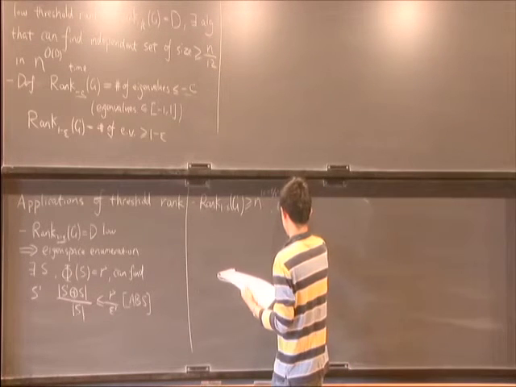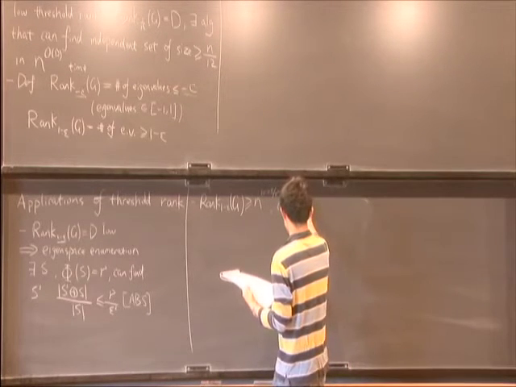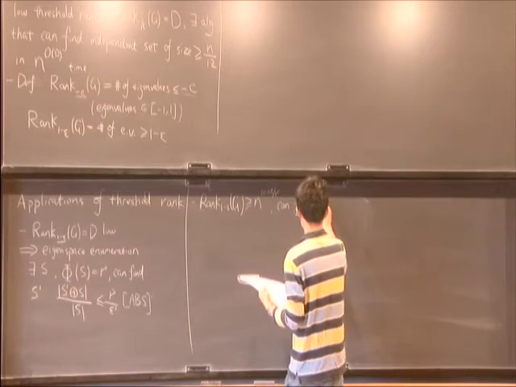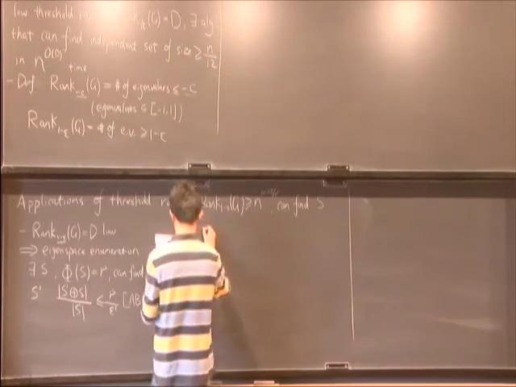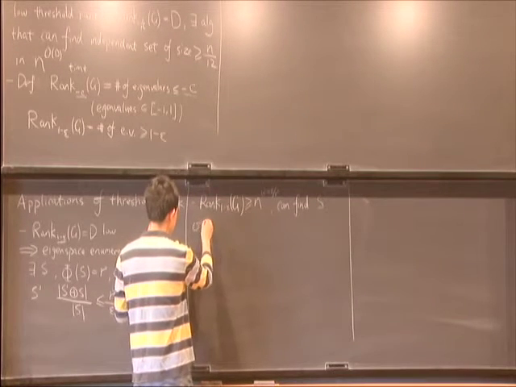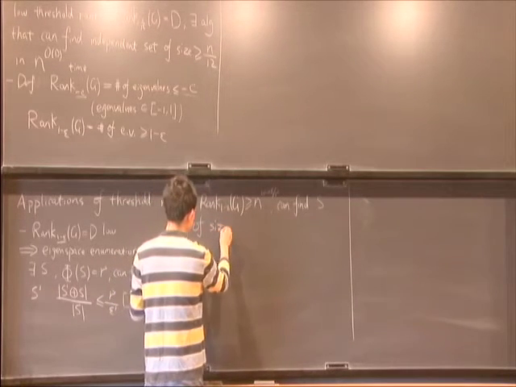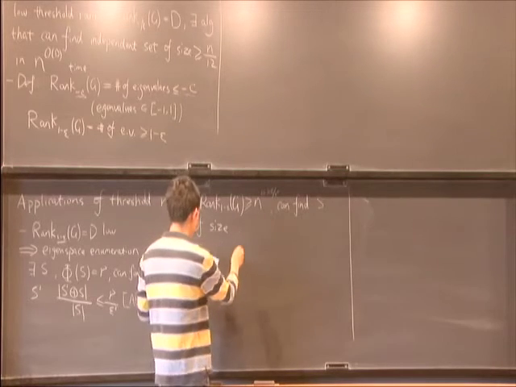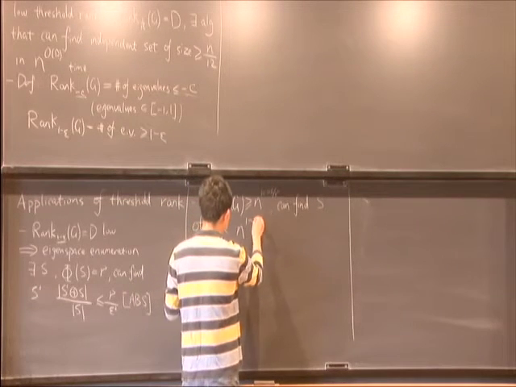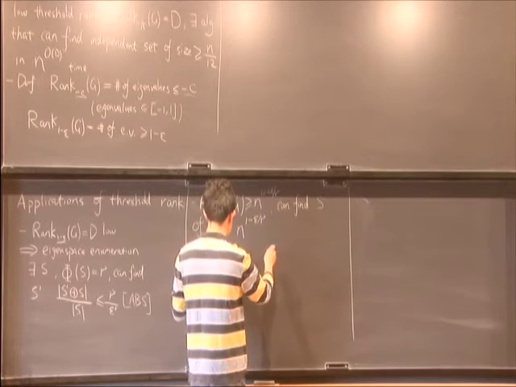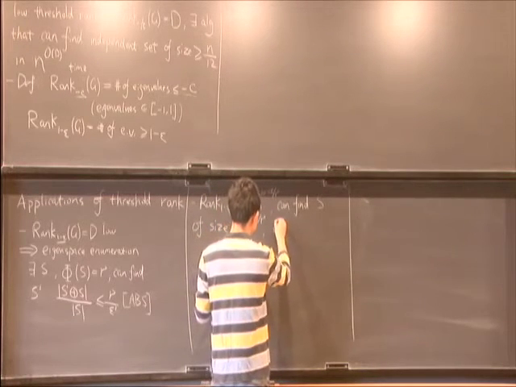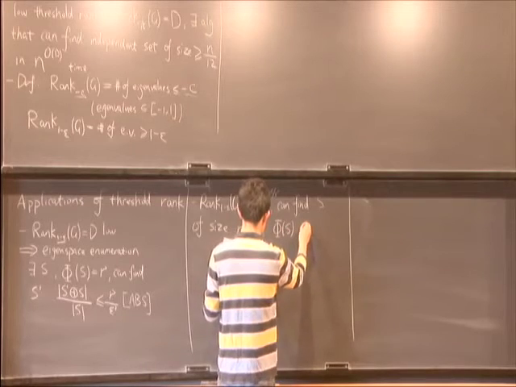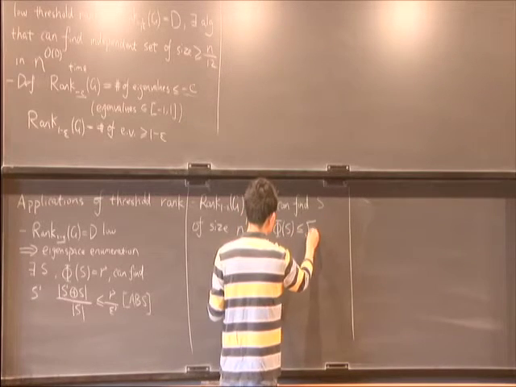In particular, you can find a set S of size n to the 1 minus epsilon over gamma, and the vertex expansion of the set is at most square root gamma.